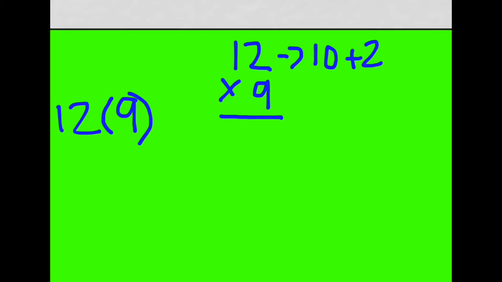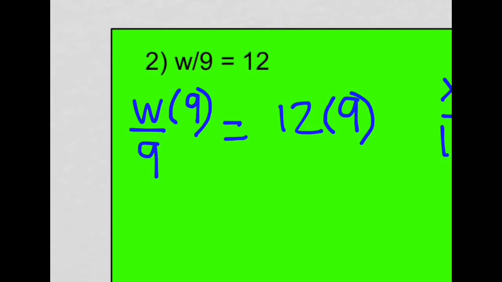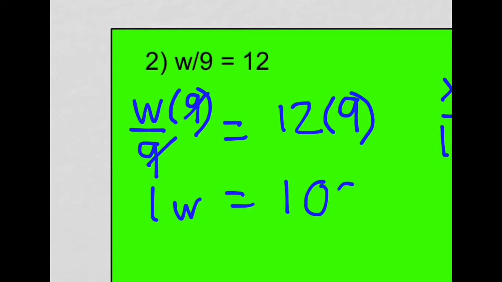Or we could do the older method, which is also a great method. 9 times 2 is 18. Carry the 1. 9 times 1 is 9, plus 1 is 10. Whatever way you slice it up, the answer is 9 divided by 9 is 1W, and 12 times 9 is 108. And that's W equals 108.